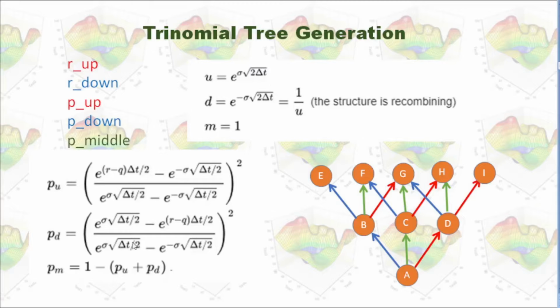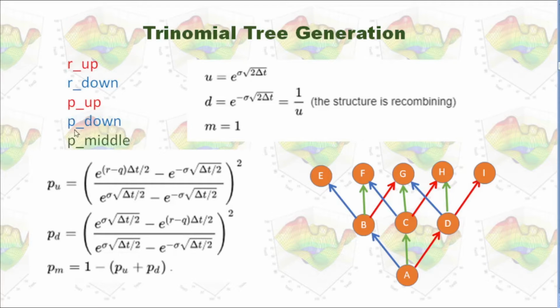These are the formulas I got from that website I just showed you. This R up means how much the interest rate will go up. R down means how much the interest rate will go down. P up means the probability of going up.